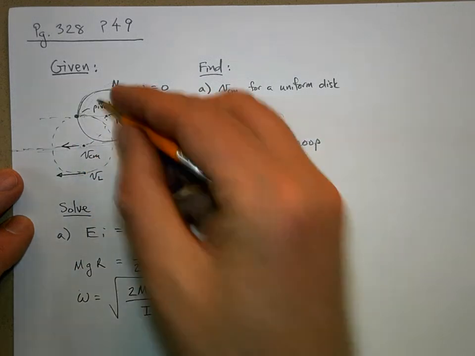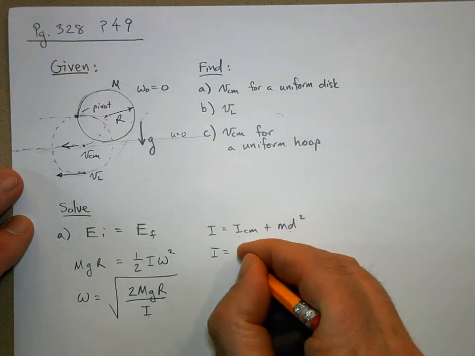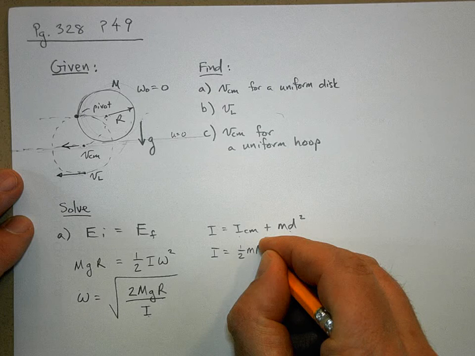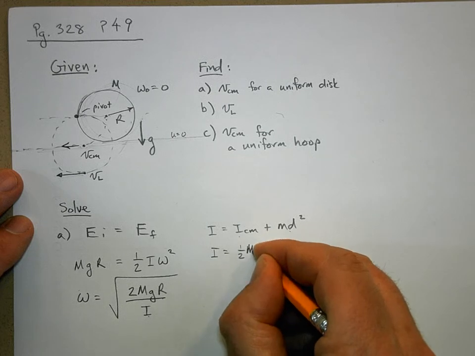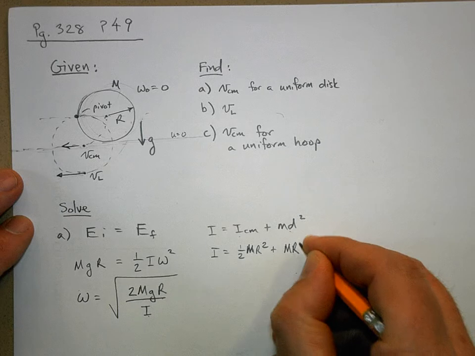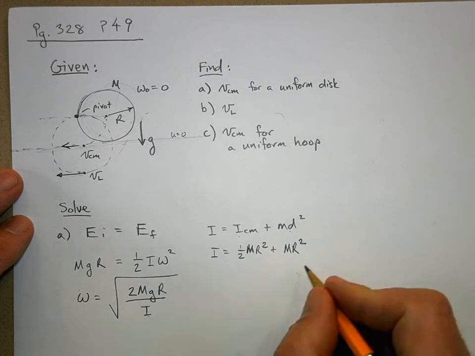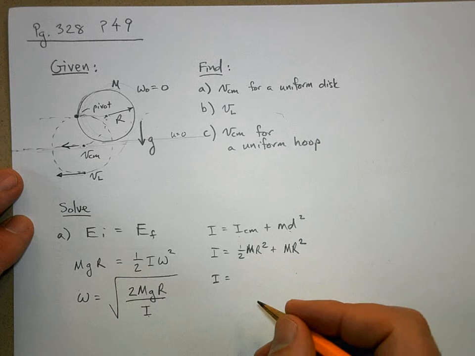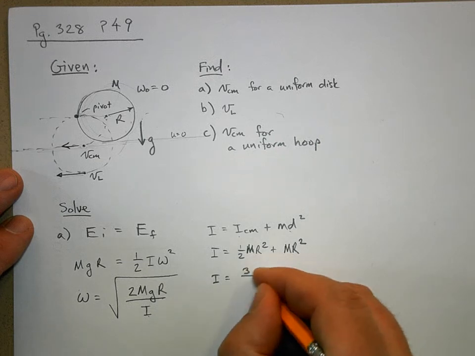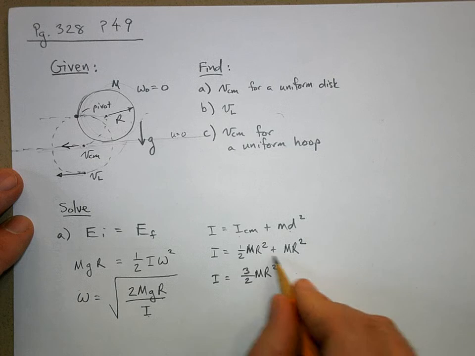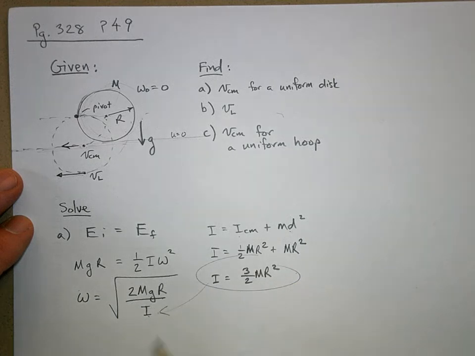Now this is a uniform disk, so I about the center of mass is 1/2 Mr squared, plus Mr squared. So we have 1/2 Mr squared plus Mr squared. So the total rotational inertia of that is 3/2 Mr squared. So we're going to put that in here.